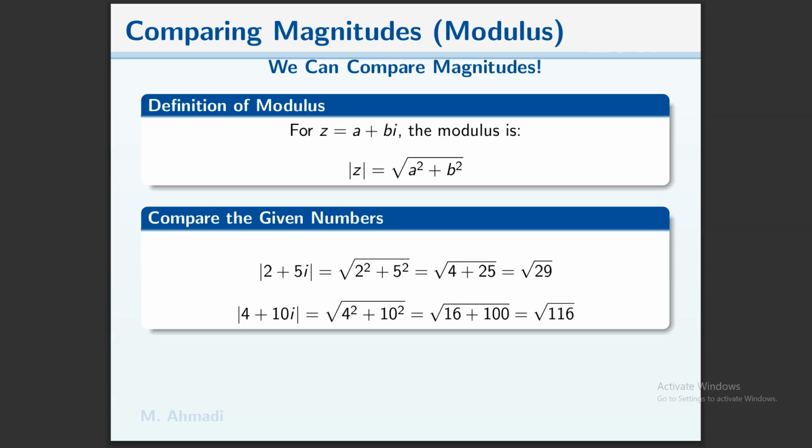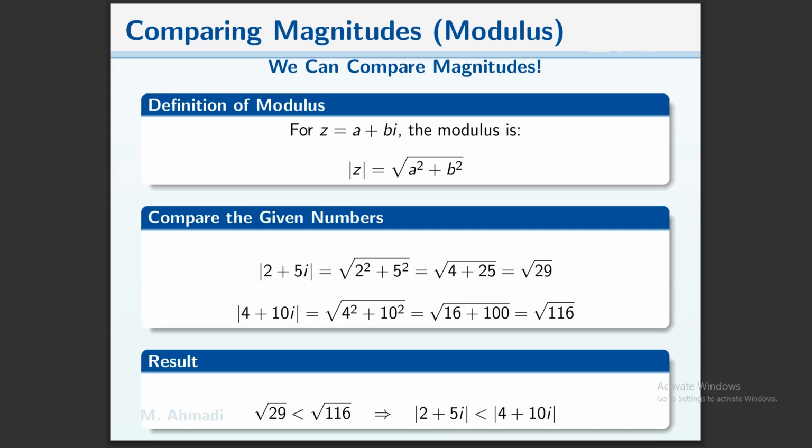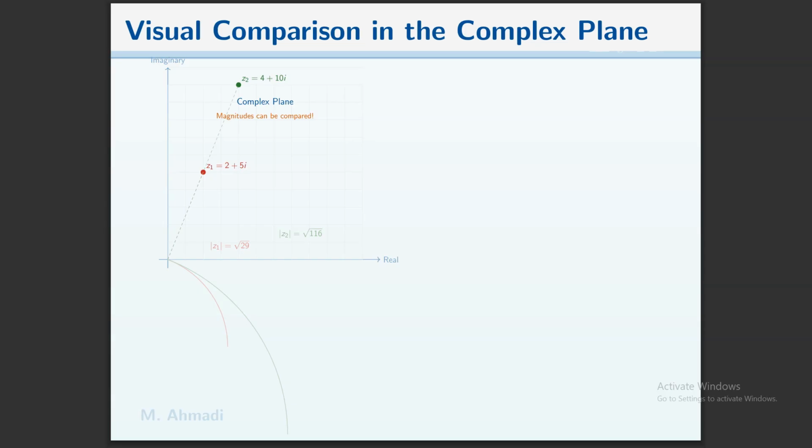And the absolute value of 4 plus 10i equals the square root of 4 squared plus 10 squared, which equals the square root of 16 plus 100, which equals the square root of 116. Result: the square root of 29 is less than the square root of 116. Then the absolute value of 2 plus 5i is less than the absolute value of 4 plus 10i.